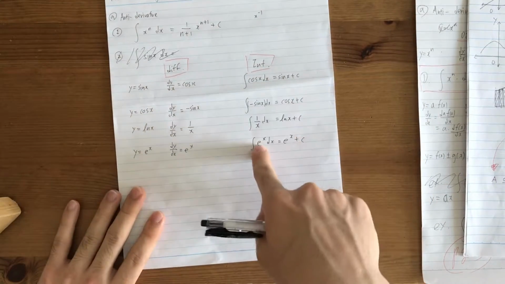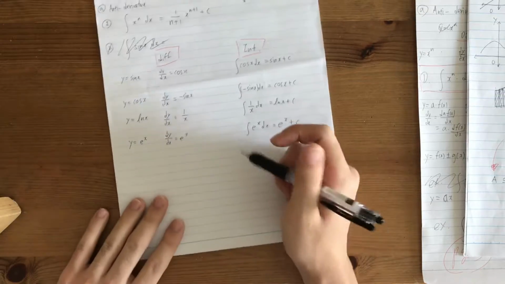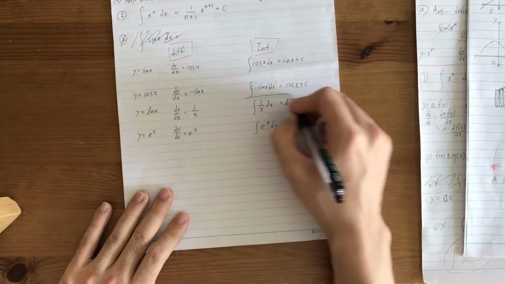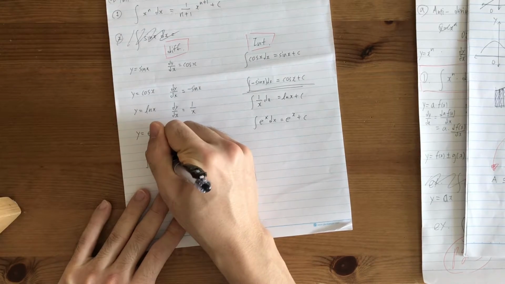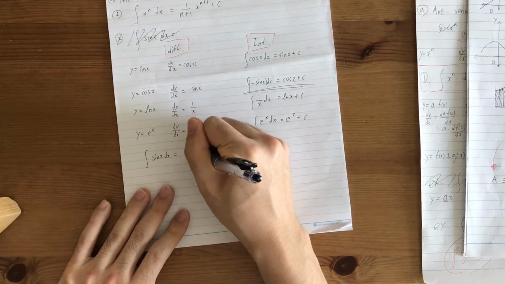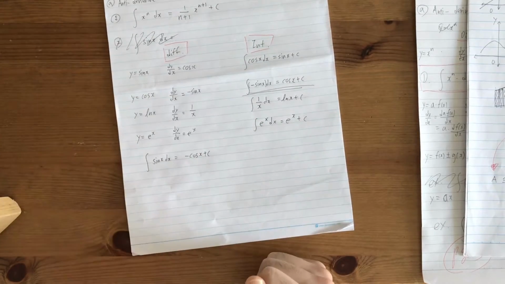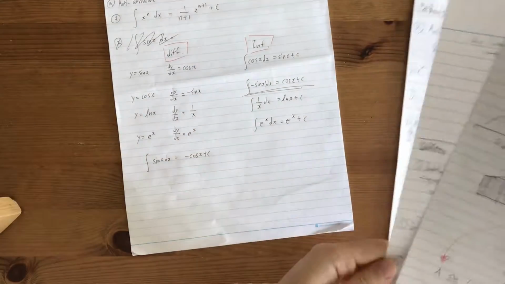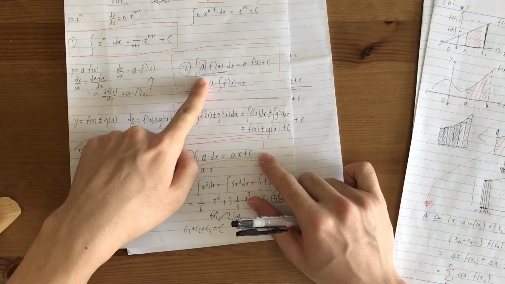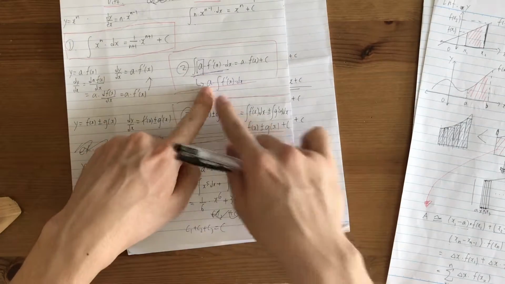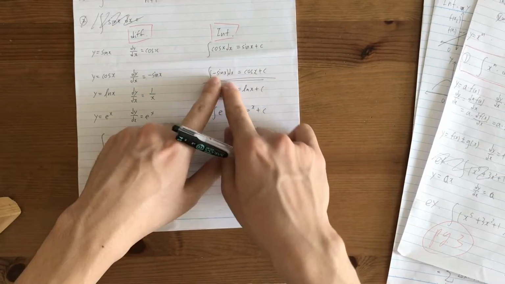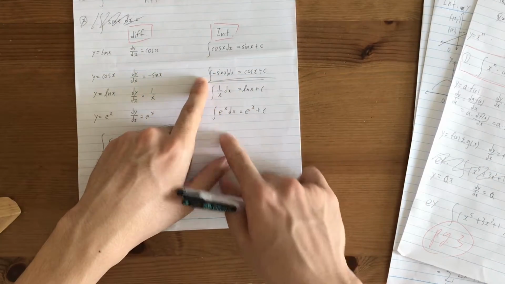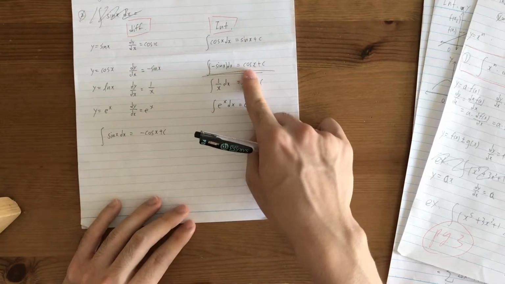And if we rearrange this, if we integrate sine x, we'll have negative cosine x plus c. Remember one of the rules that we learned: if we have a constant, we can just take the constant outside the integral and move it to the right hand side. Then we'll have negative cosine x.